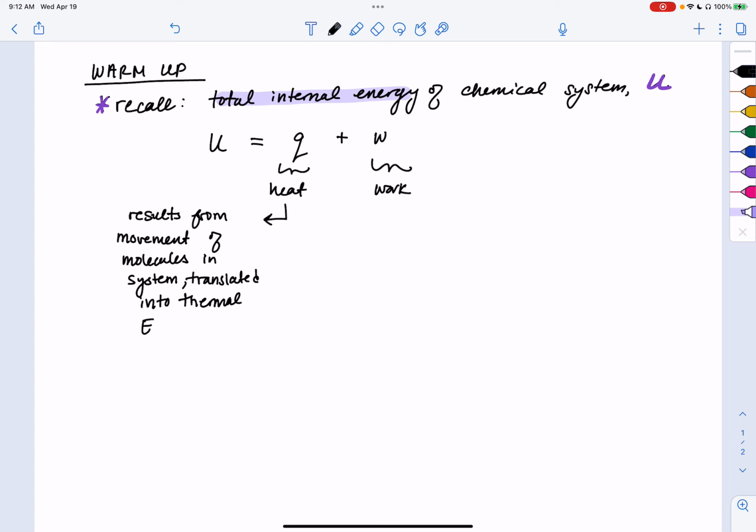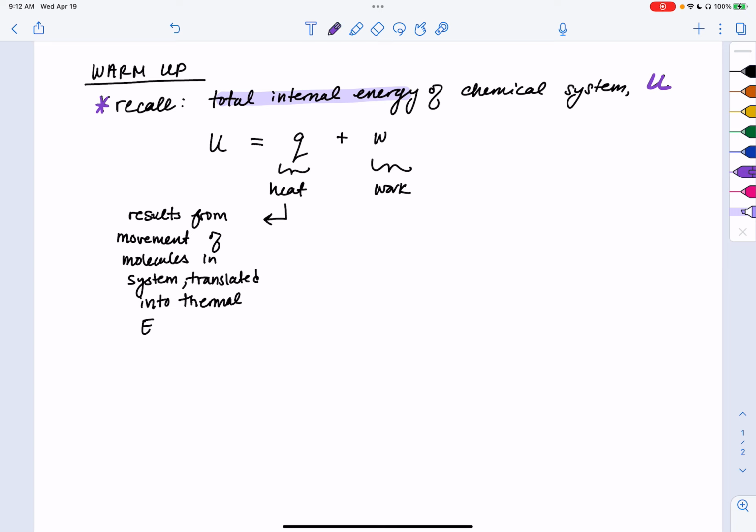As you cool things down, those molecules slow down. This is why we start to see a phase change, which we'll talk about at the end of the year. Similarly, if you heat things up, increase the thermal energy, you're increasing the kinetic energy of those particles, and you tend to have a phase change into a higher energy phase like liquids or gases. But in general, when we talk about the heat in a chemical system, this comes from the movement of molecules.